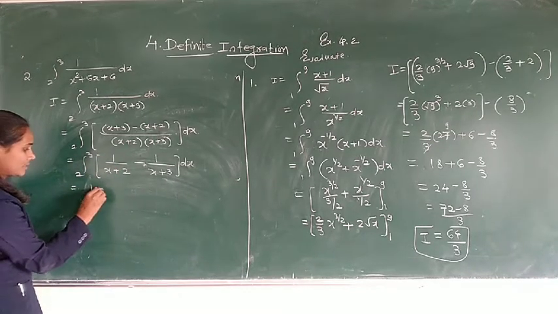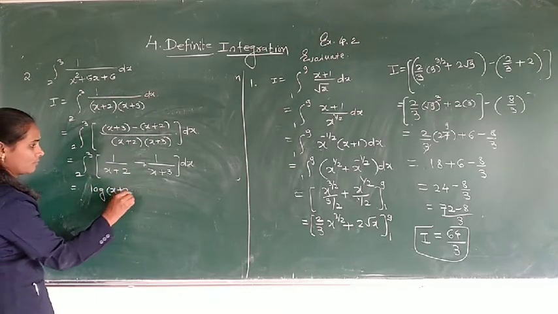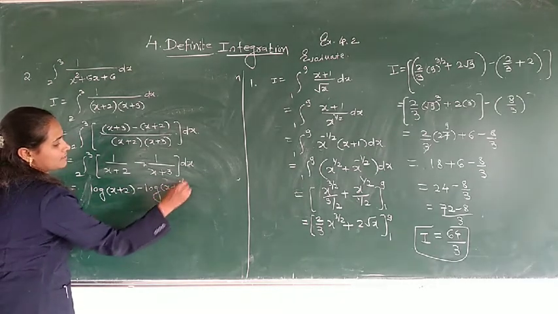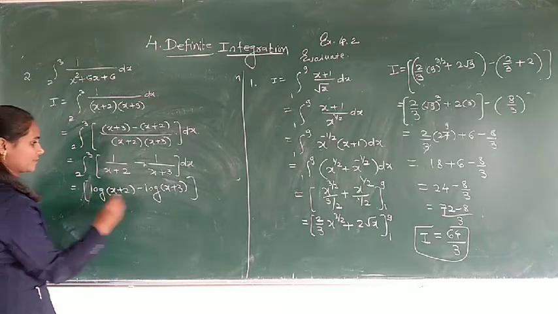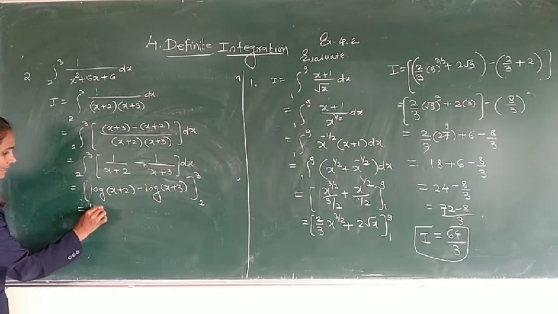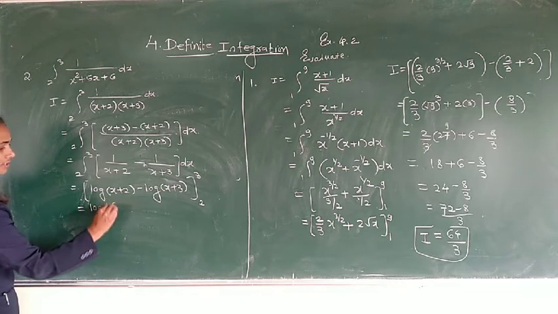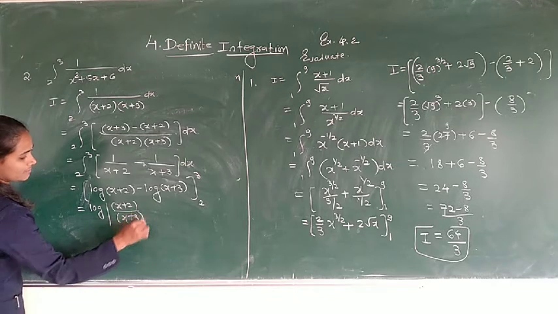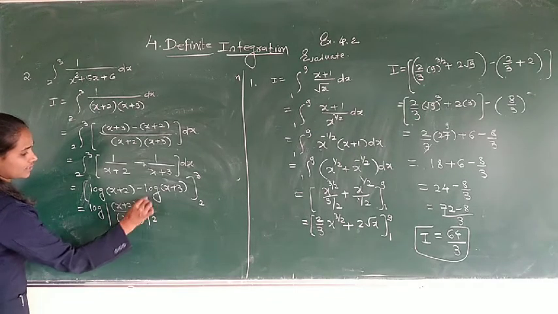So the answer of this is log of x plus 2 minus log of x plus 3, and the limits of integration are 2 to 3. This can be written, by using the quotient law, as log of x plus 2 divided by x plus 3, with limits 2 to 3.